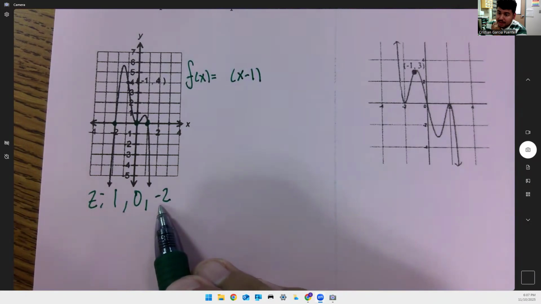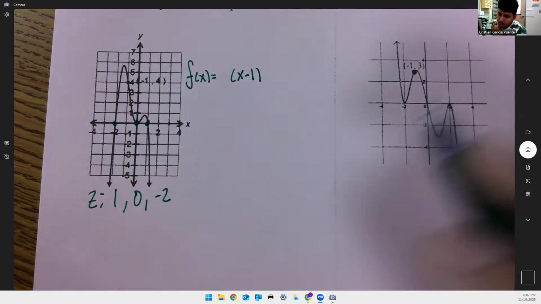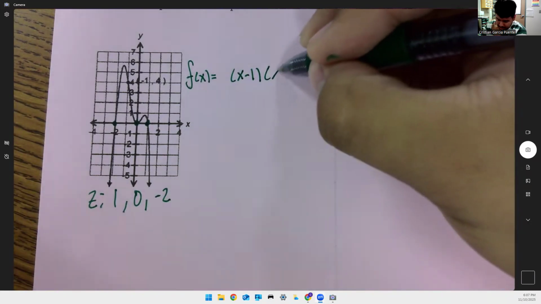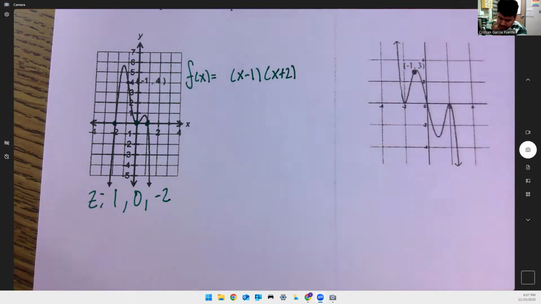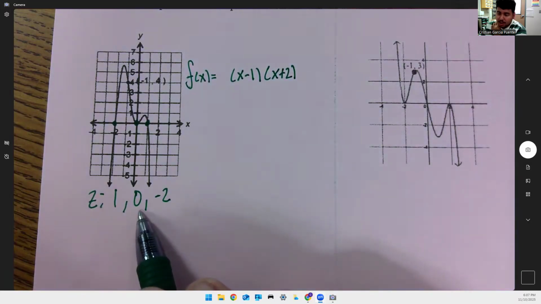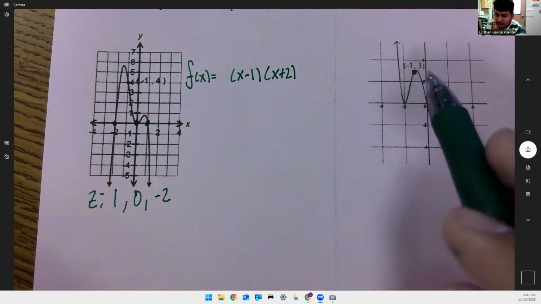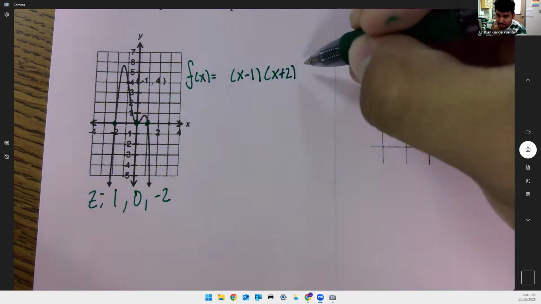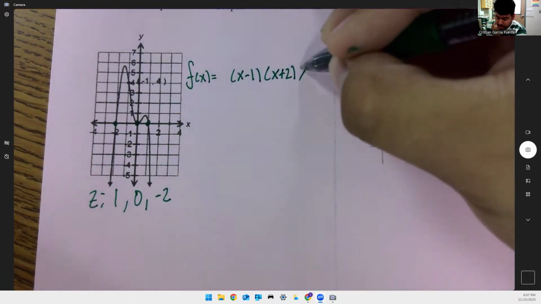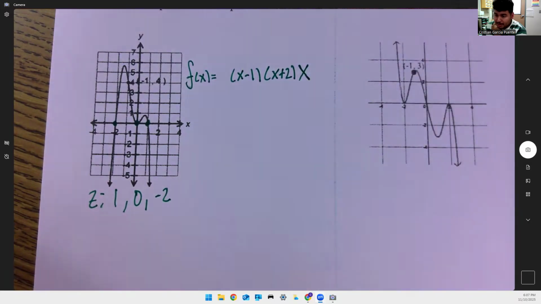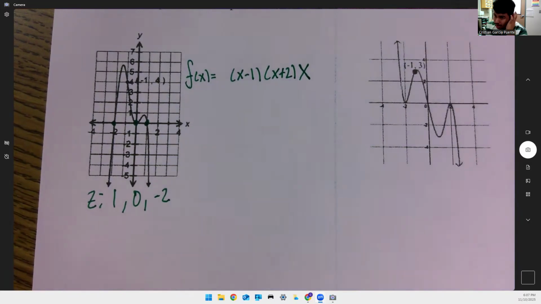What's the opposite of -2? +2. So you put x + 2. And whenever you have a 0, you could put x minus 0 in parentheses if you want. Or the way I'm going to do it, and I recommend you do it, is just put an x by itself. And yesterday you would be done right here.